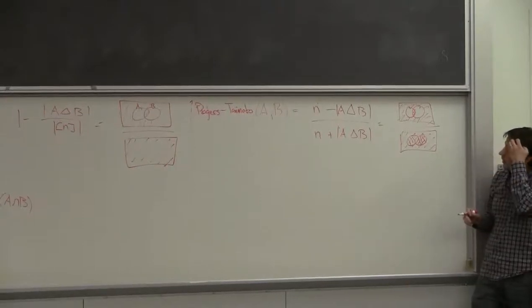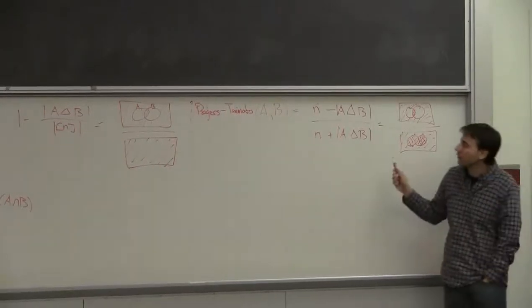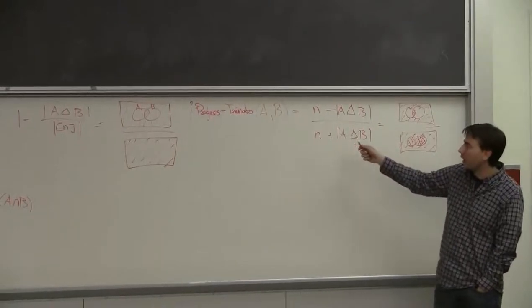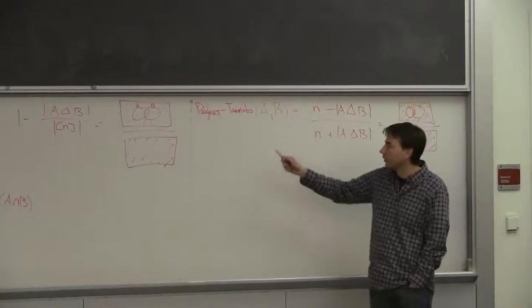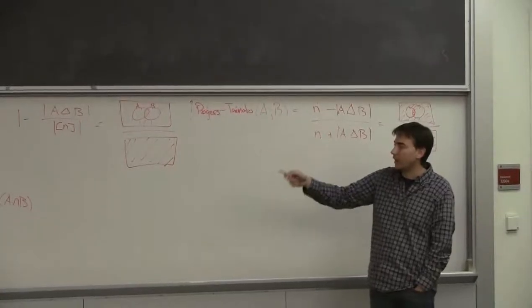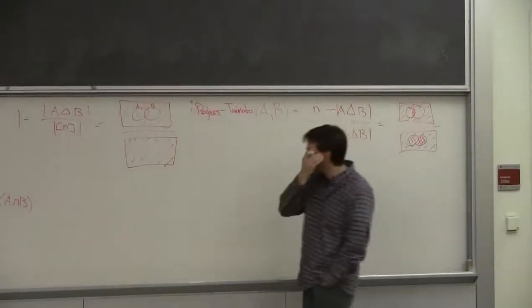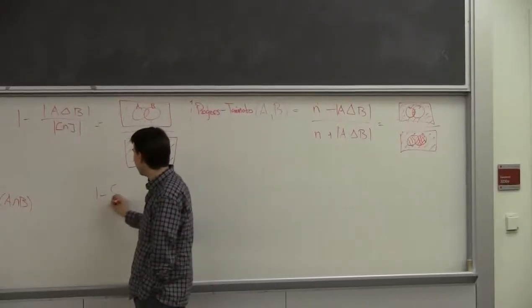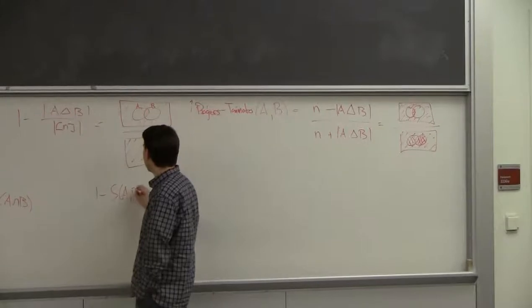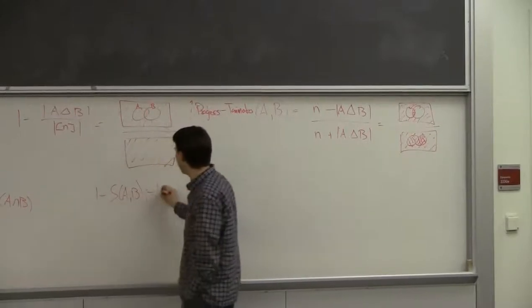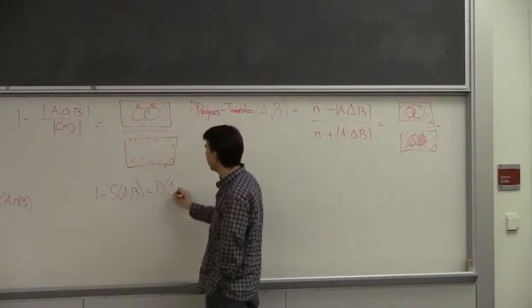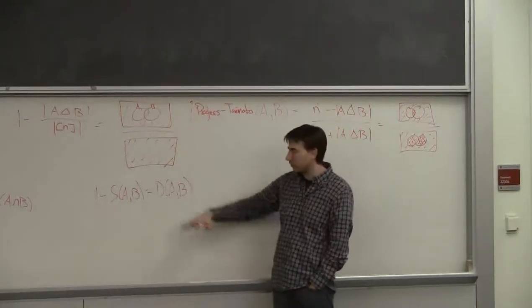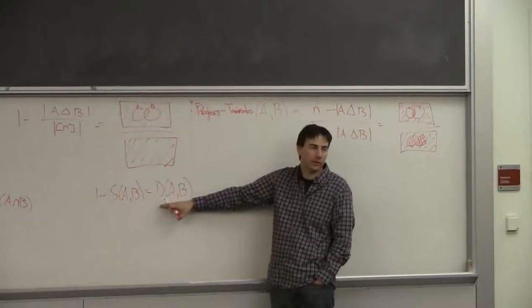Yeah. So the other nice thing about both the Rogers-Tanimoto, the Hamming similarity, and also the Jaccard similarity, is if you do this conversion, where you do 1 minus s of a b is equal to some distance between a and b, then for these measures, this distance is going to be what's called a metric.